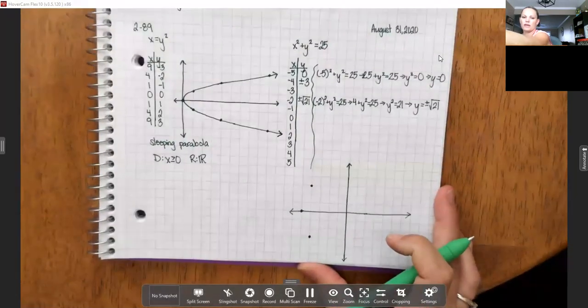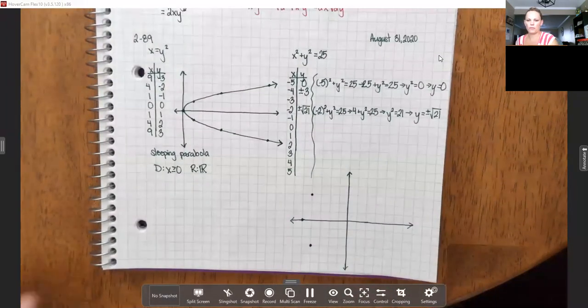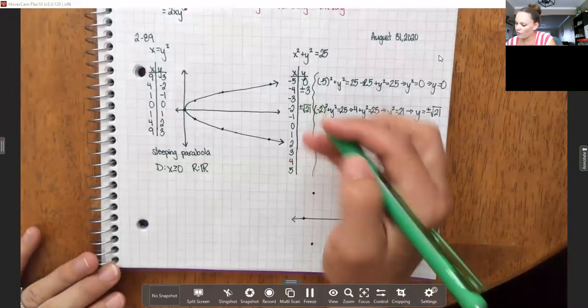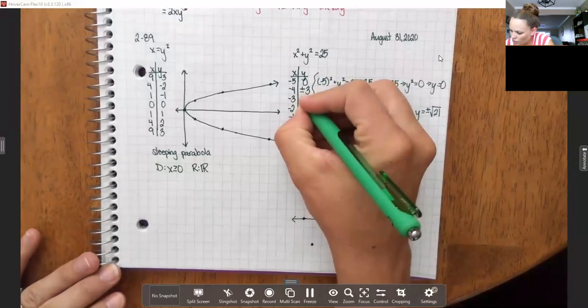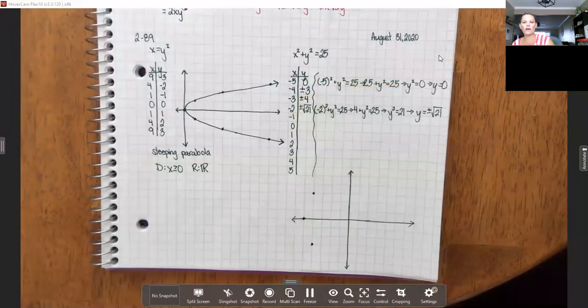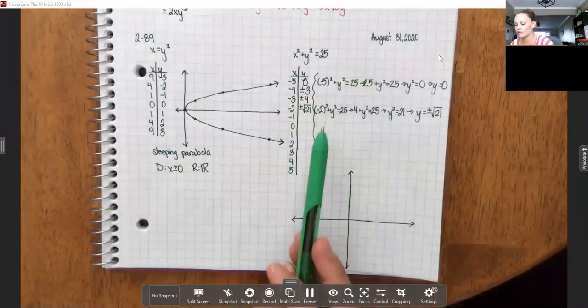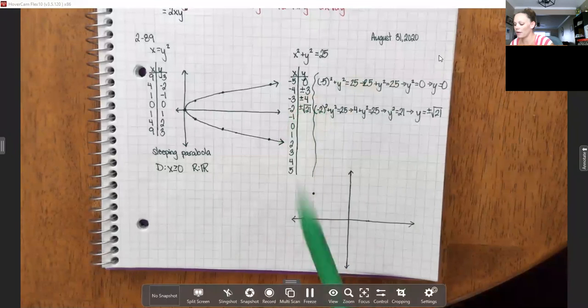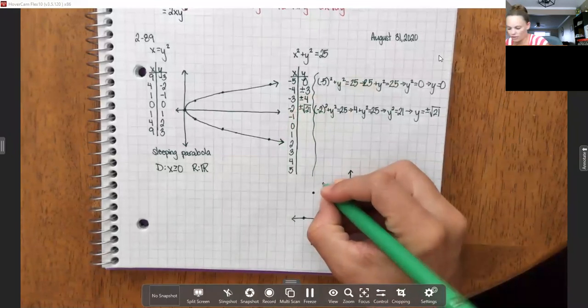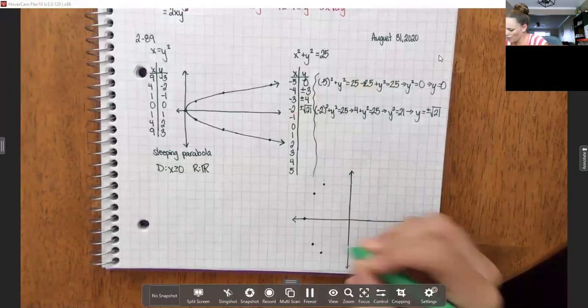At -3, you should have plus or minus 4. And if you forgot the negative, that's okay. Just remind yourself, if y squared equals 16, then y could be positive or -4.